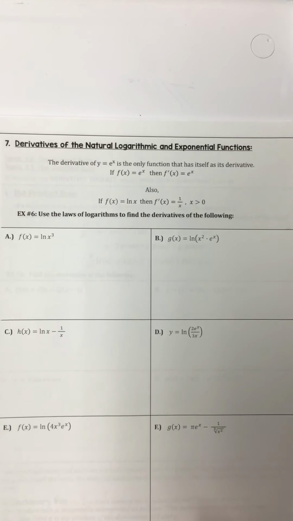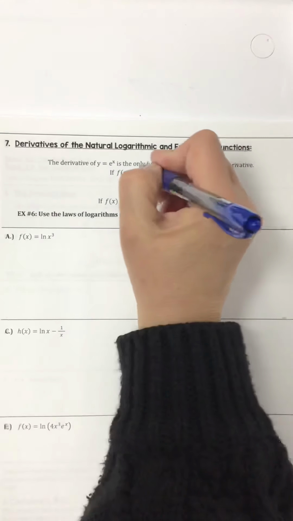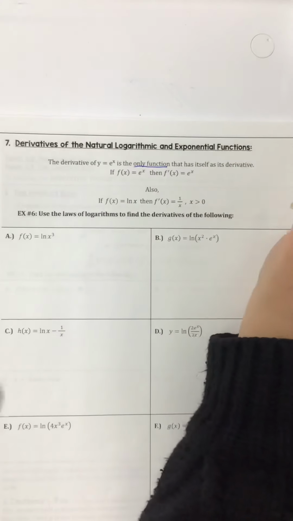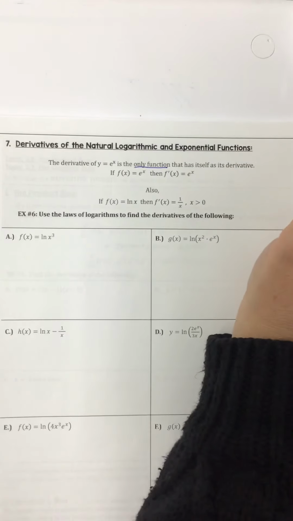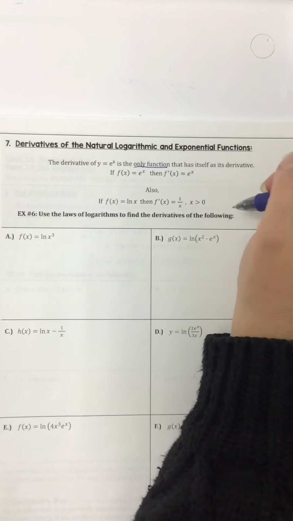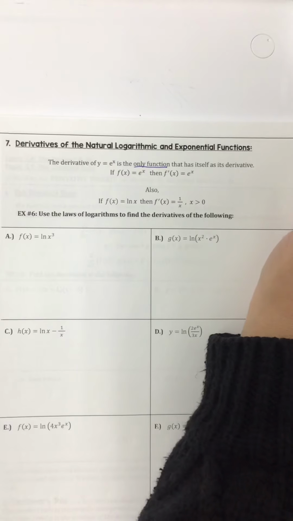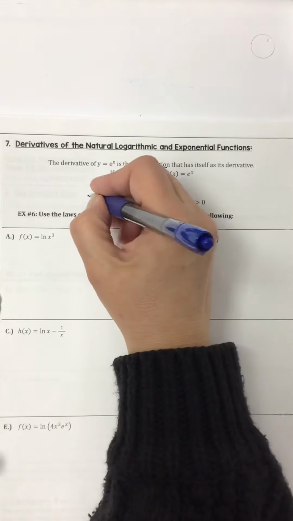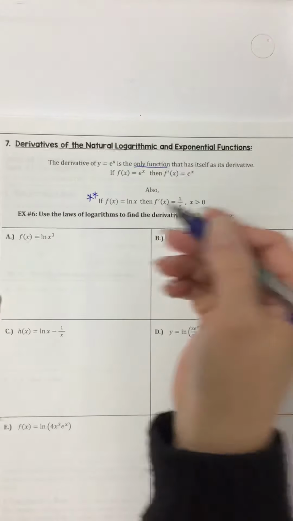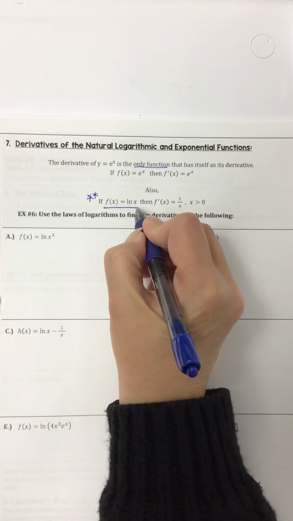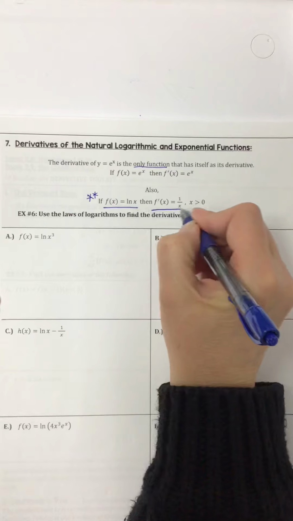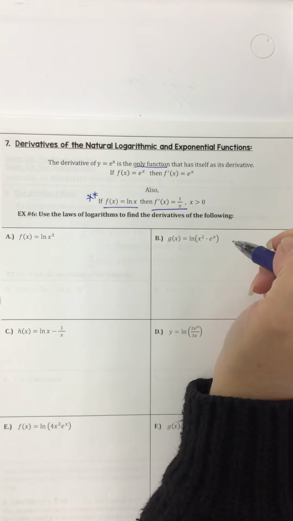The derivative of e to the x is the only function that is itself for the derivative. So the derivative of e to the x is simply e to the x. Now, this one is one that you guys will have to make sure you know. If f of x is ln of x, then the derivative of f of x is 1 over x.